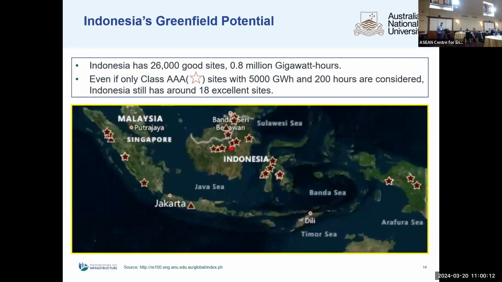Specifically for Indonesia, there are more than 26,000 good sites with 0.8 million gigawatt hours of storage. Even with just a quick scan through the AAA sites, we found around 18 sites. So they don't really need to develop all of those. They can be choosy and pick the best ones if they go after them.